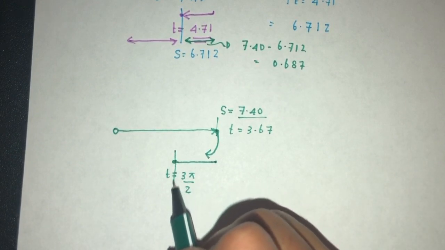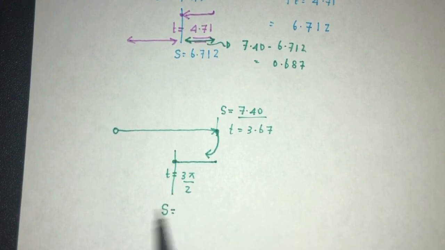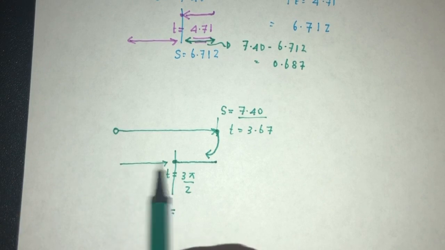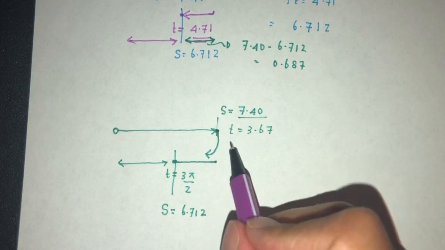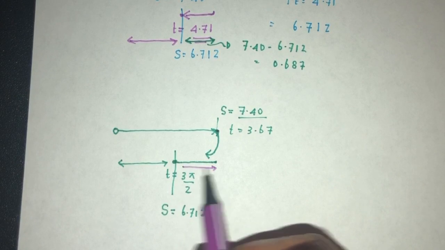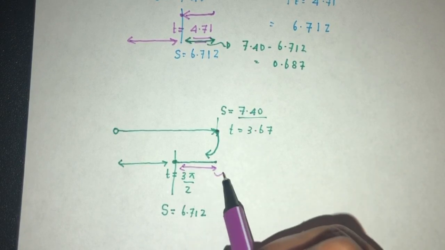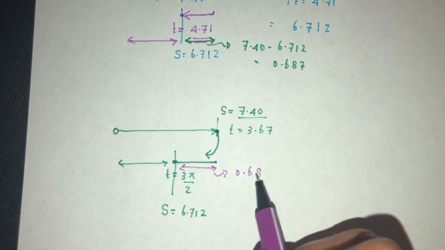At this point the displacement from O is 6.712, which means from this point you travel to this point, and this distance will be the difference, which was 0.687.